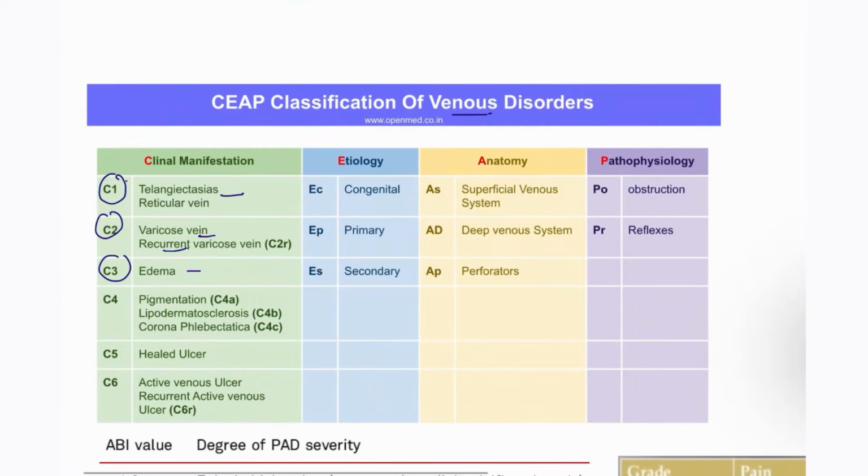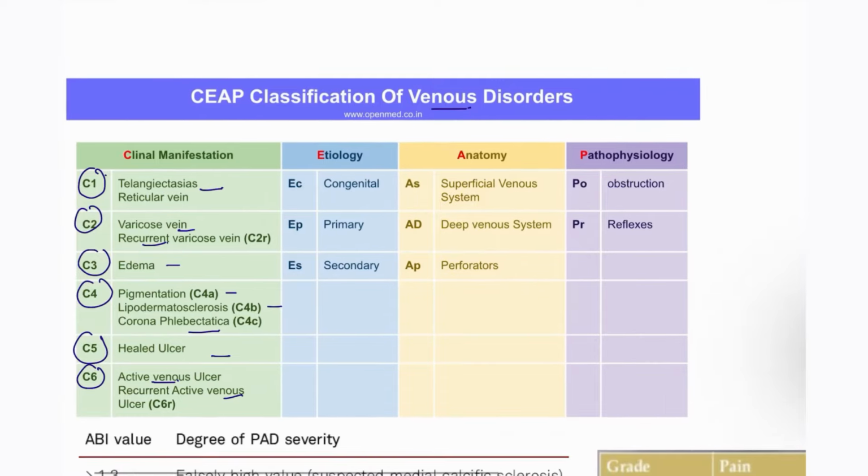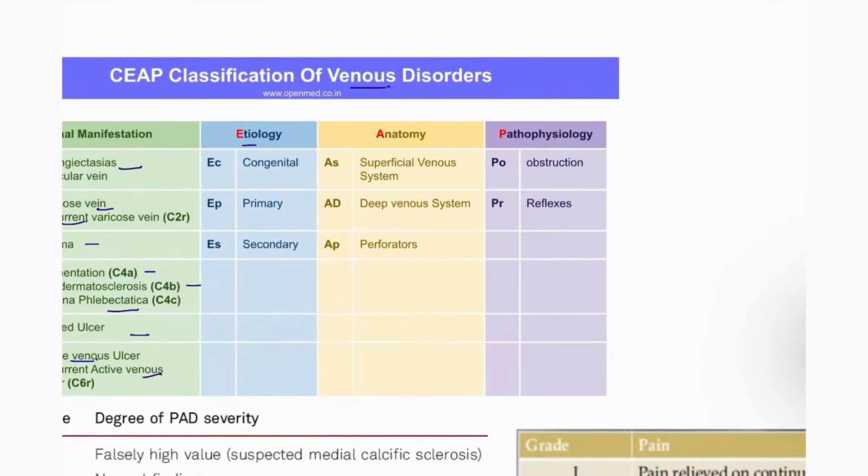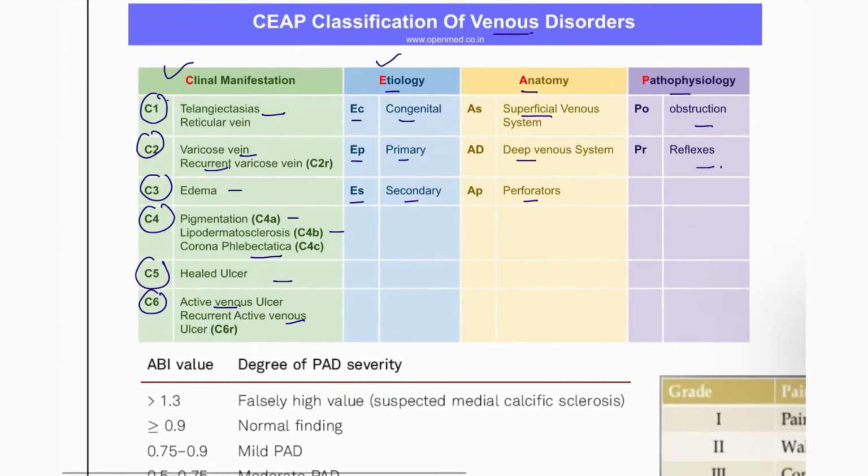C3 edema, C4 is going to be pigmentation, lipodermatosclerosis and corona phlebectatica. And C5 healed ulcer, C6 is active venous ulcer or recurrent active venous ulcer. Next, E for etiology: EC congenital, EP primary, ES secondary. Anatomy: superficial vessels, deep veins or the perforators. And pathophysiology: obstruction or reflux. Okay, these two are going to be important.